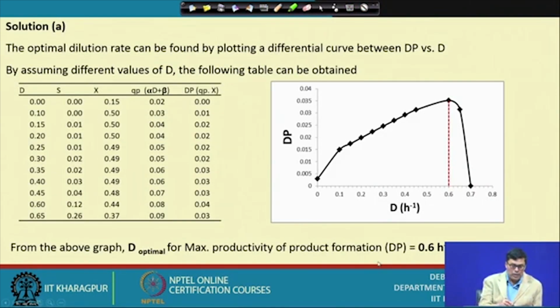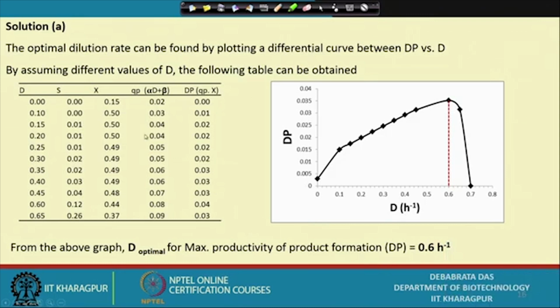In this equation all values are given, we just put different dilution rates, because D max value is given. So we can assume D values less than that: 0.1, 0.15, 0.2, 0.3. Then the respective S and X values we can calculate, and we can calculate the Qp value, then find out D into P, which is equal to Qp into x, which is equal to dP by dt.